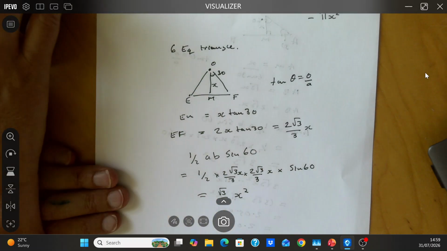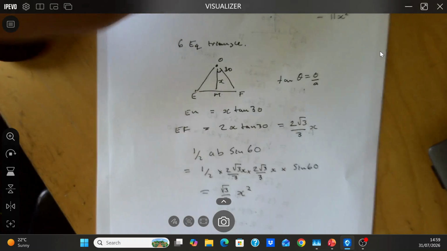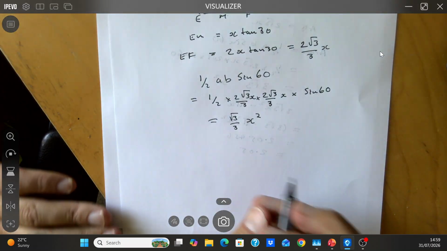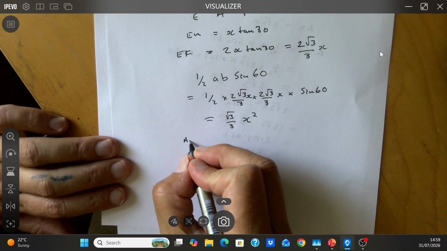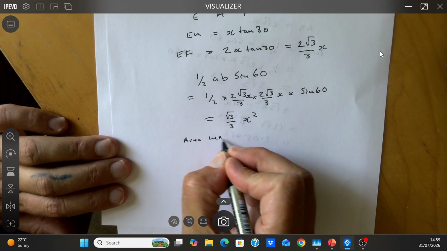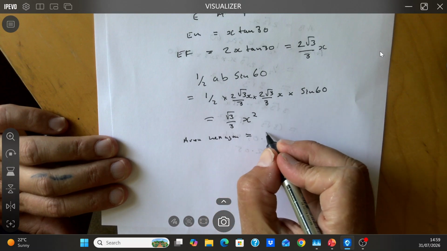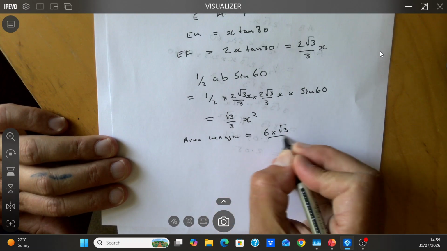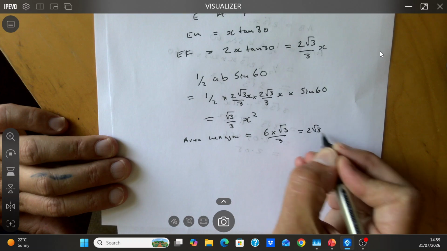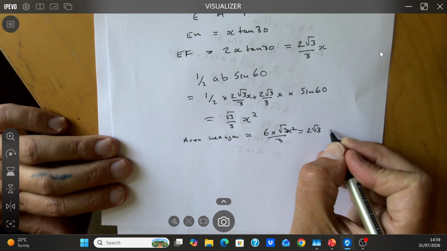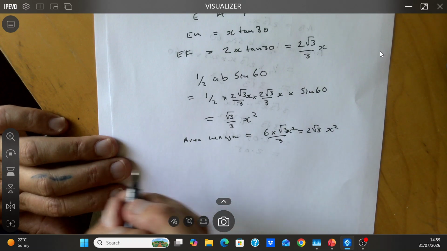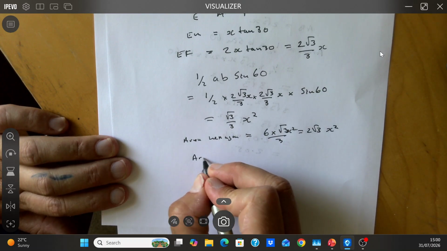How many equilateral triangles are in a hexagon? So what's the area of the hexagon? Correct. So what's the area of the shaded?